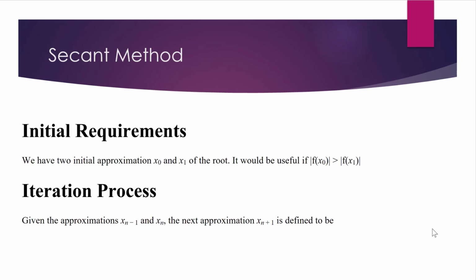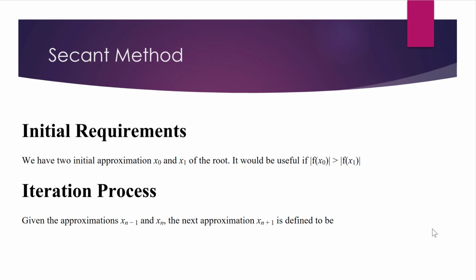Initial requirements: we have 2 initial approximations of the root, x0 and x1. It would be useful if we assume that the absolute value of f(x0) is larger than the absolute value of f(x1), which means that x1 should be a better approximation of the root than x0.